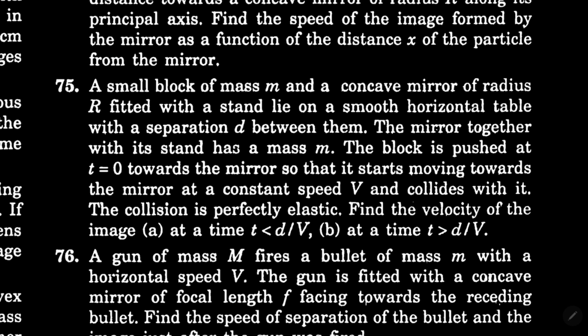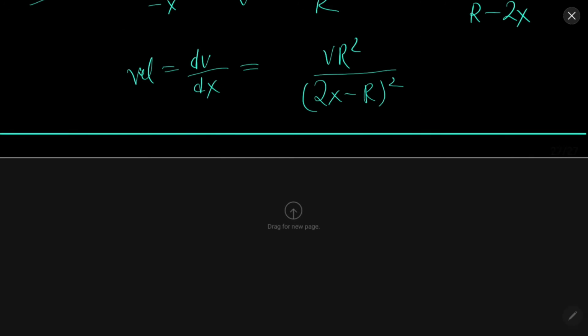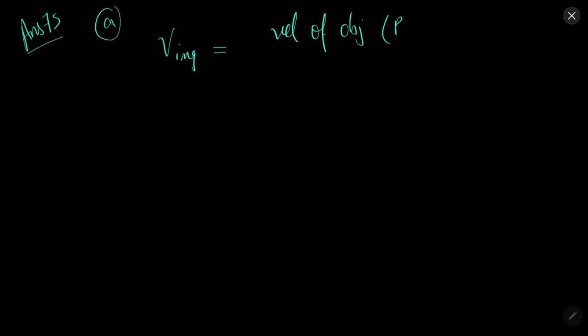In question 75, a small block is there. Find the velocity of image. Solution 75. A part. So velocity of image will be v, distance of image will be velocity of object times r square.